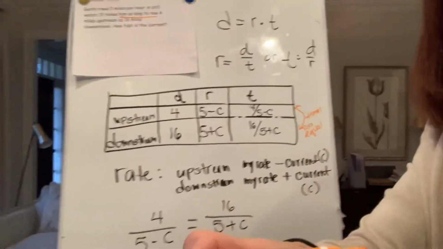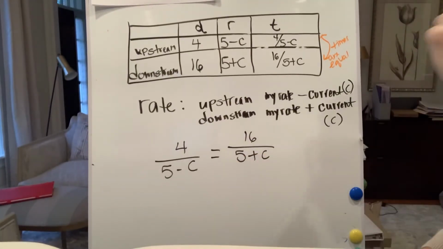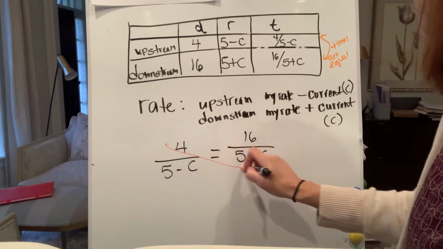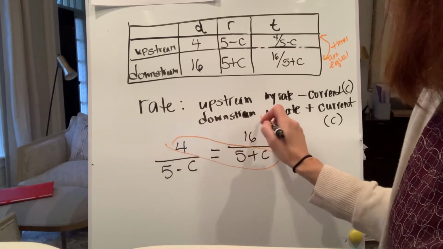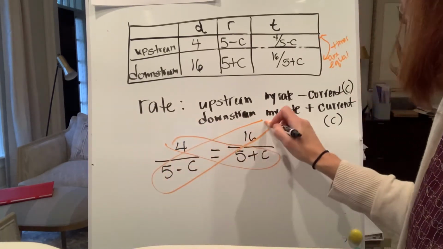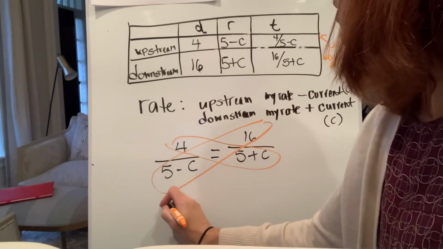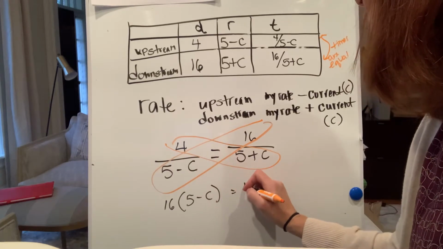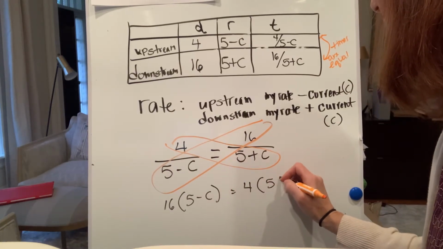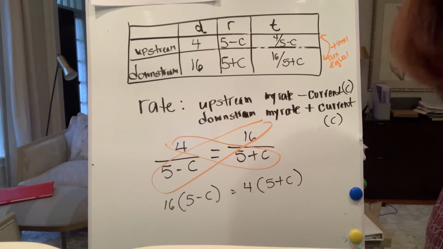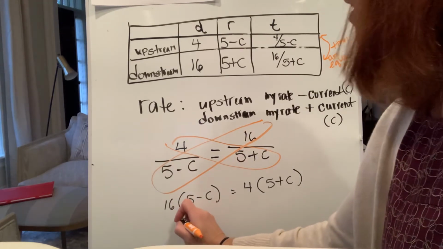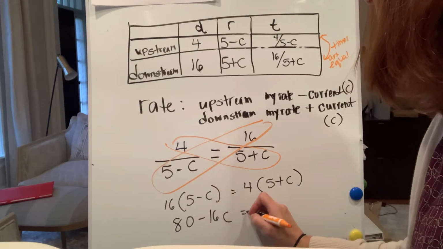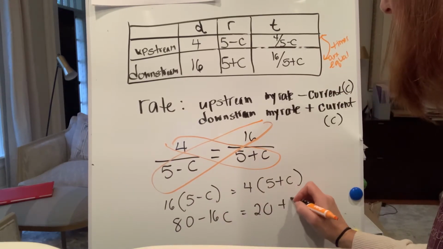Once you have that set up, we are now just solving a proportion. So I can use cross multiplication. I have 16 times 5 minus C equals 4 times 5 plus C. 16 times 5 is 80, minus 16C equals 20 plus 4C.